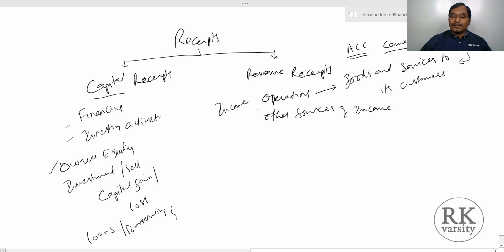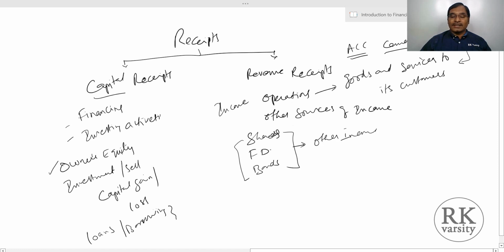Now when a business earns some money, some part of it it distributes to the equity shareholders, some it retains as retained earnings and invests in short-term investments or long-term investments, like investments into shares or investments into fixed deposits, investments into government bonds, etc. So any income that the business earns from these sources is called other income.